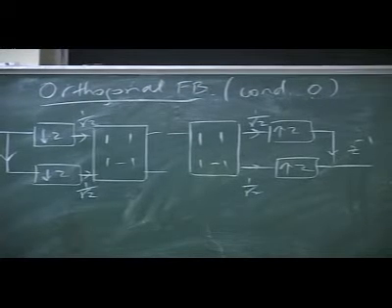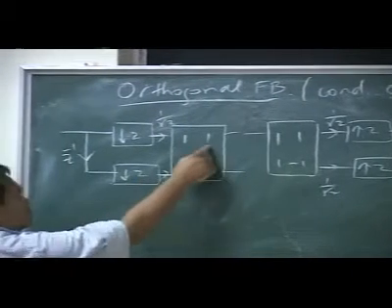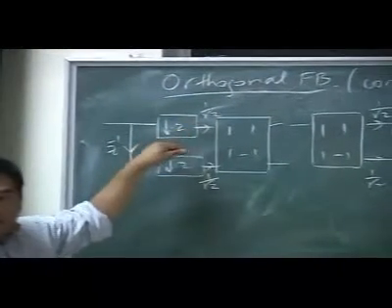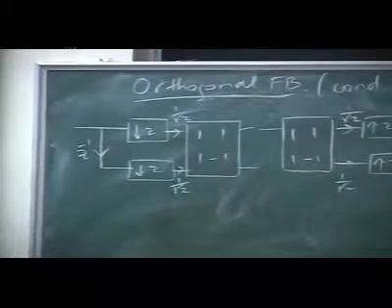And we know that the filter here is 1 plus the inverse, 1 minus the inverse, scaled by 1 over square root of 2. Similar.